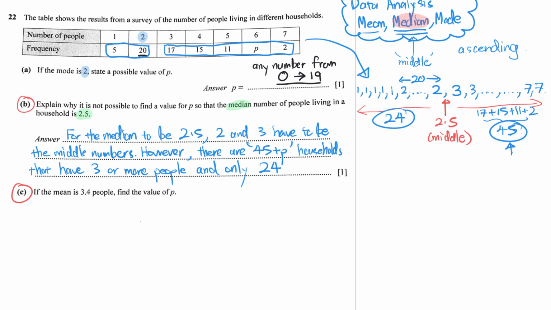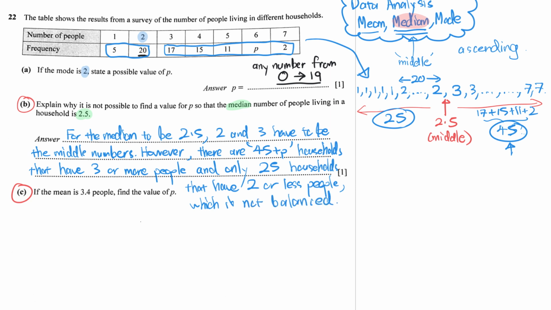Okay, sorry, this should be 25, okay? Let's call it the total number here, 25 households that have 2 or fewer people, which is not balanced, right?